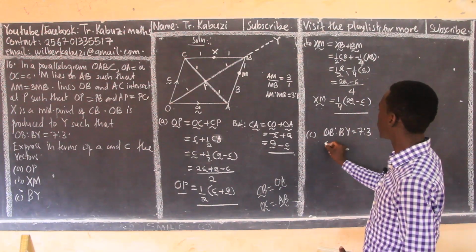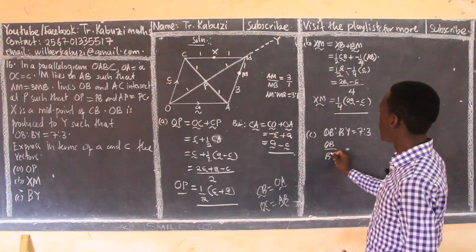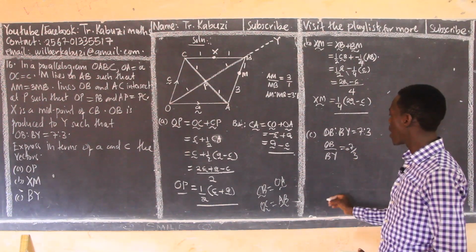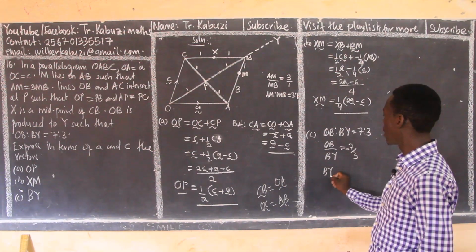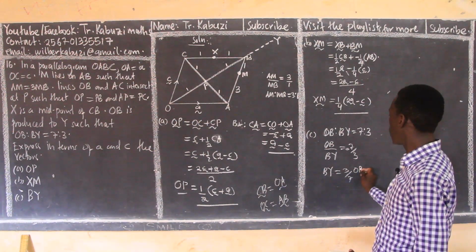So this would be OB over BY equals 7 over 3. So my BY will be 3 over 7 of OB.